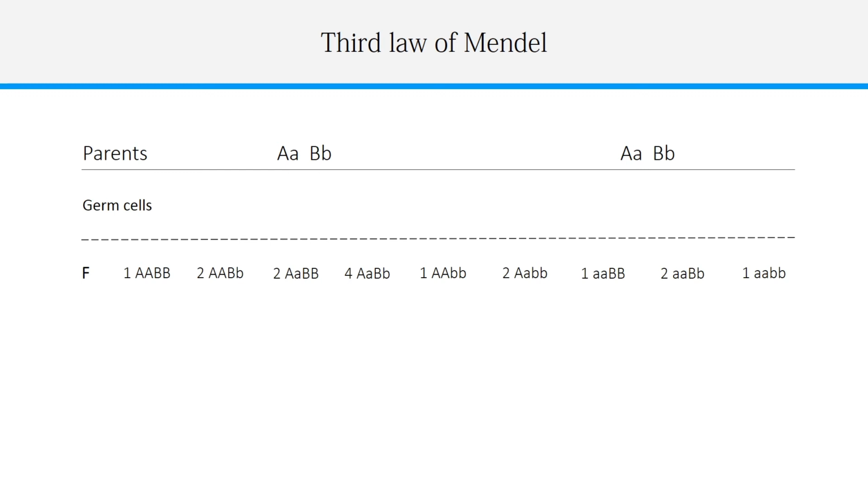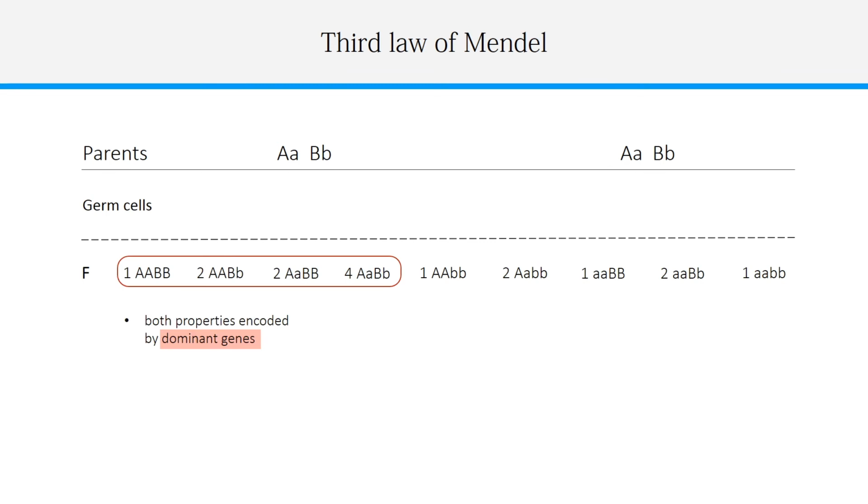Let's think about what properties will be developed due to activity of the genes. In all these cases that are highlighted in red color, in all next generation organisms that may have one of these possible gene combinations, both properties will be encoded by dominant genes.